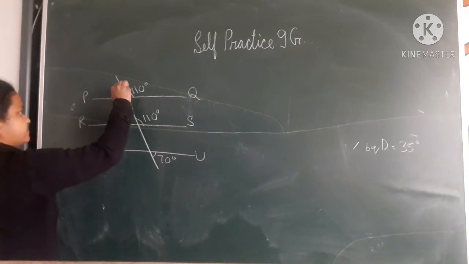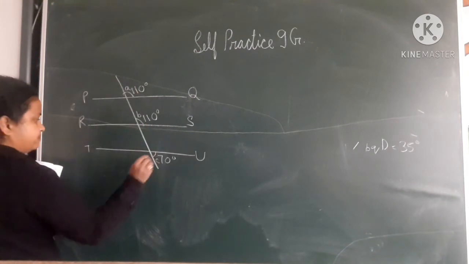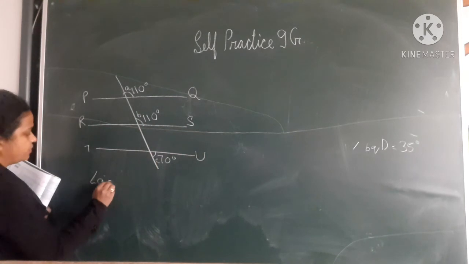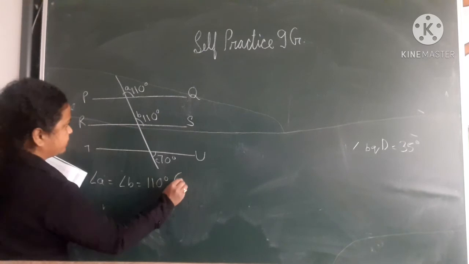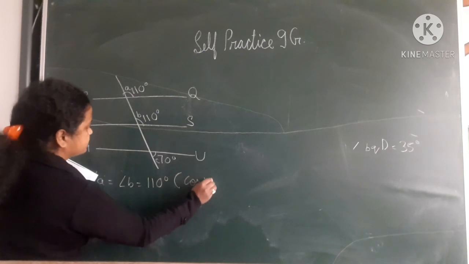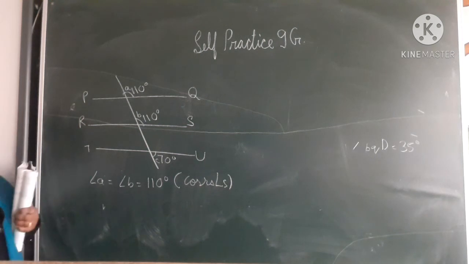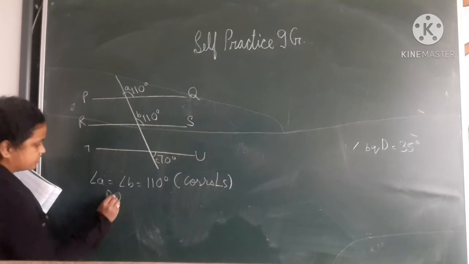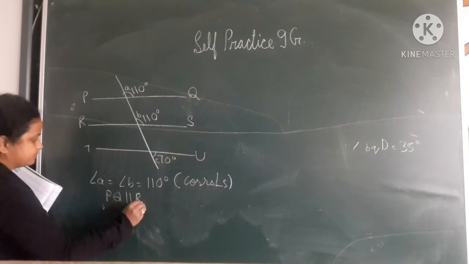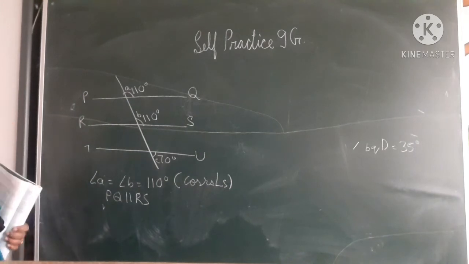This I am putting as A, B, C. The angle A is equal to angle B, which is equal to 110 degree because of corresponding angles. Due to corresponding angle A is equal to angle B. So as they are corresponding, PQ is parallel to RS.